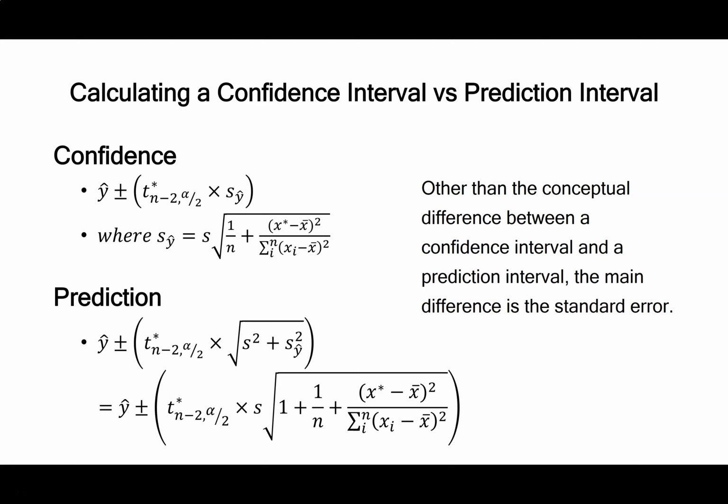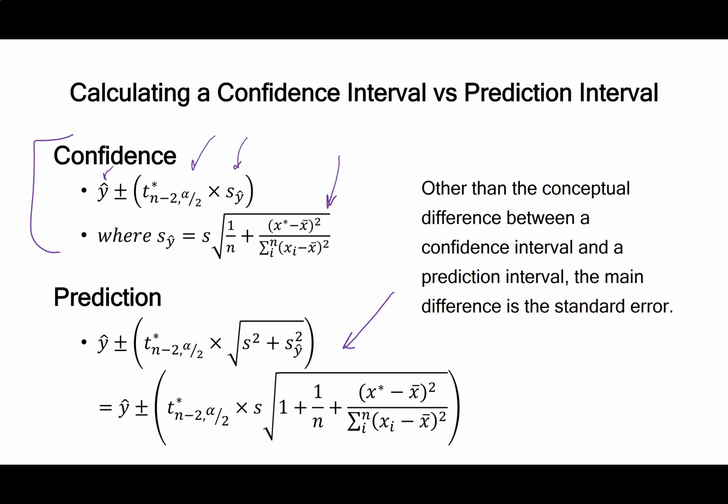Before you panic, I want to introduce these equations. For the confidence interval, it's y hat, what we predict the response will be when you plug in x, plus or minus t star times s of y hat, and there's a whole calculation there. We also have a calculation for the prediction.